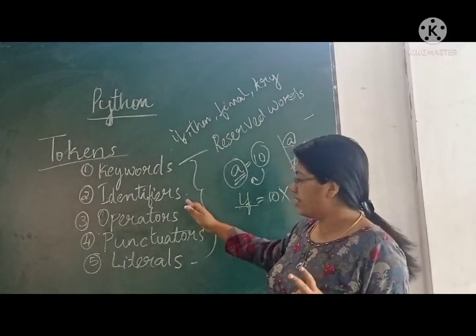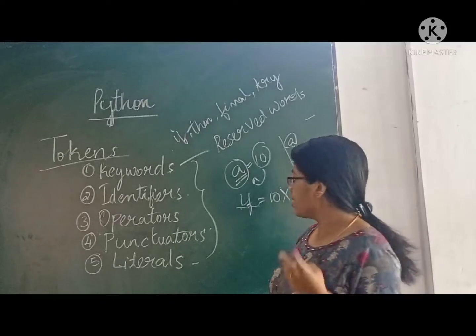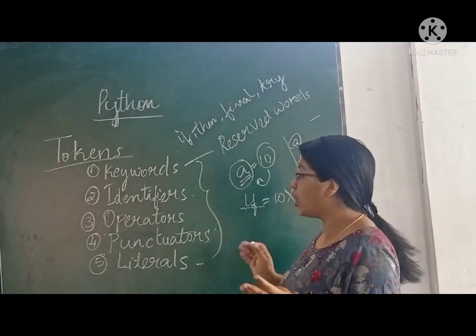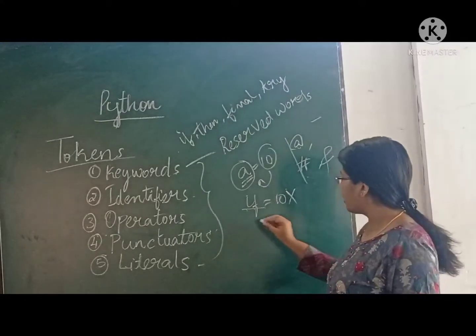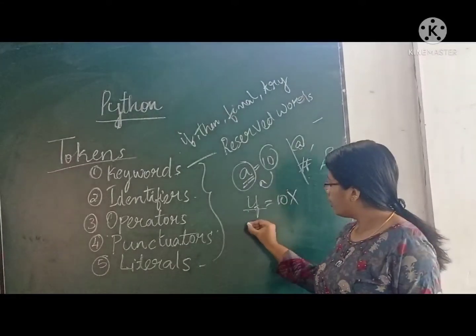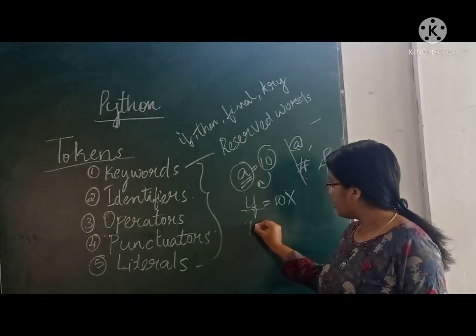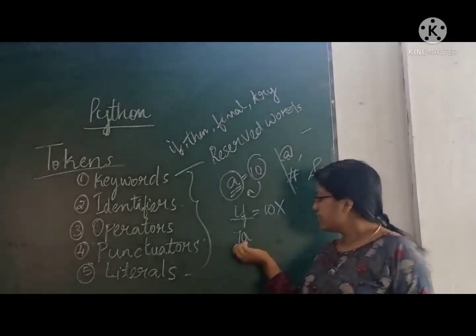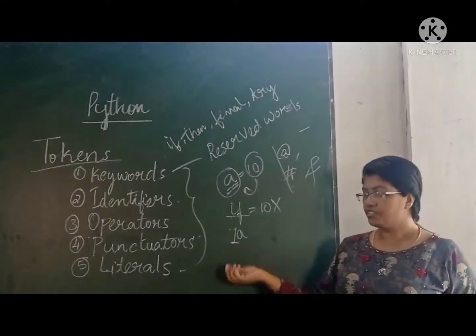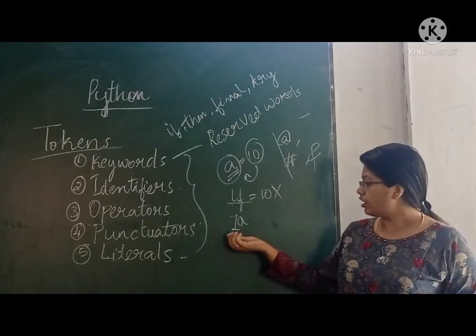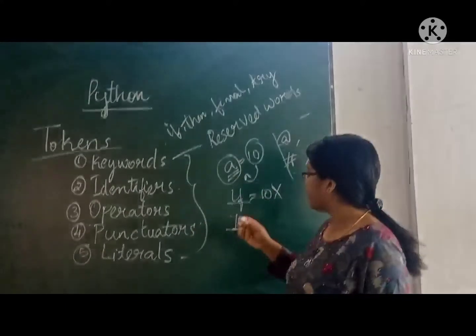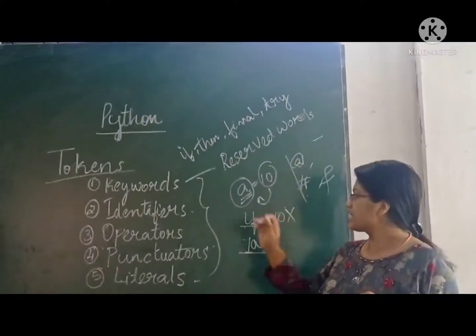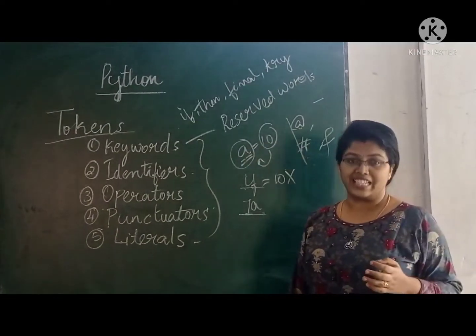Then the third one is don't use numbers or digits at the start. Don't take a number like 7 or 8 as the first letter. Always start an identifier with an underscore or a letter.